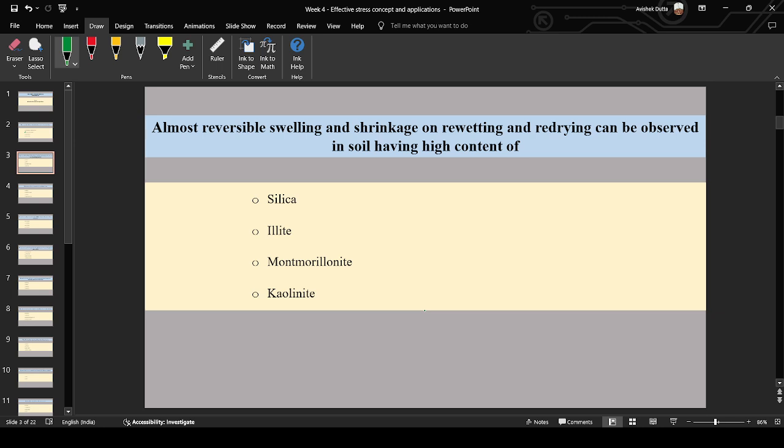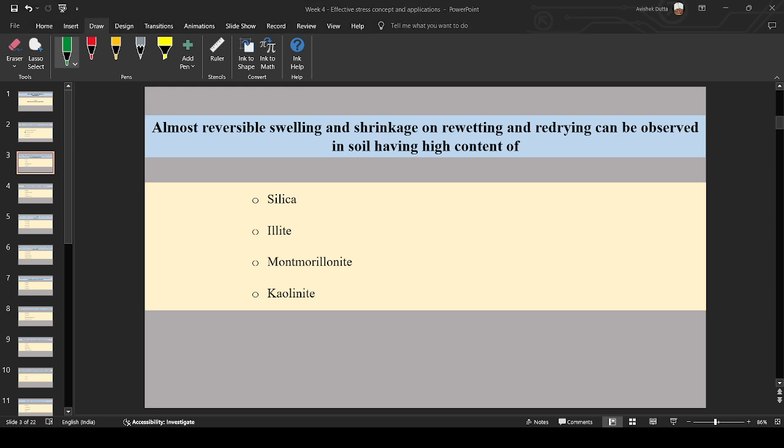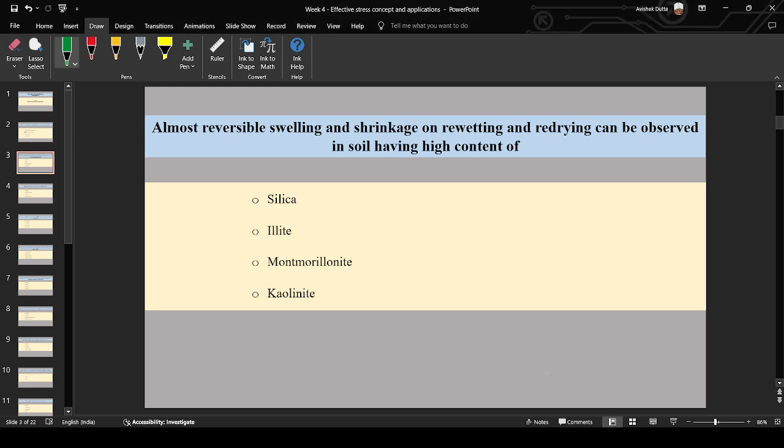So in the entire cycle, it is not irreversible, it is reversible: it swells during wetting and shrinks during drying. This property is due to the mineral called montmorillonite, an essential component of black cotton soils, which leads to swelling and shrinkage.